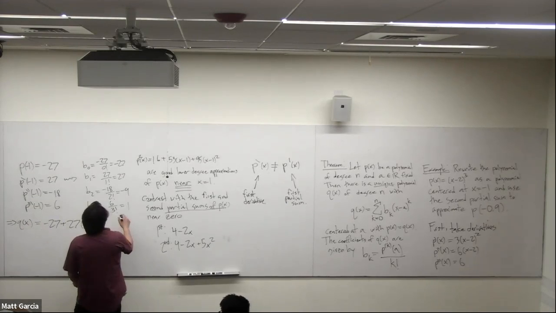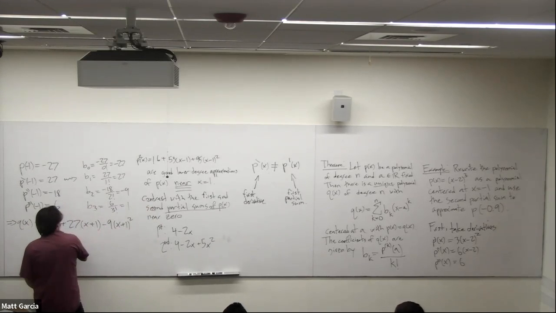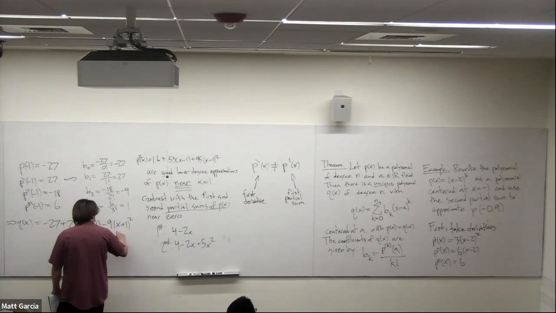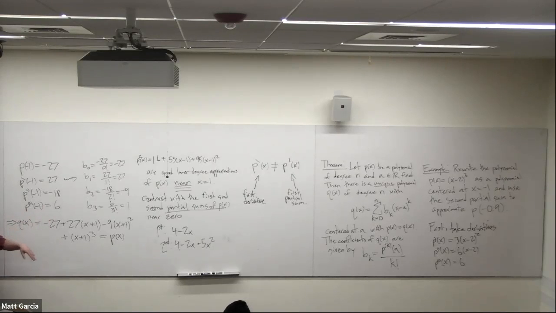Minus 9 times x plus 1 squared, plus x plus 1 cubed. If you feel like it, you can do all the arithmetic necessary to show that this is equal to our original p of x.